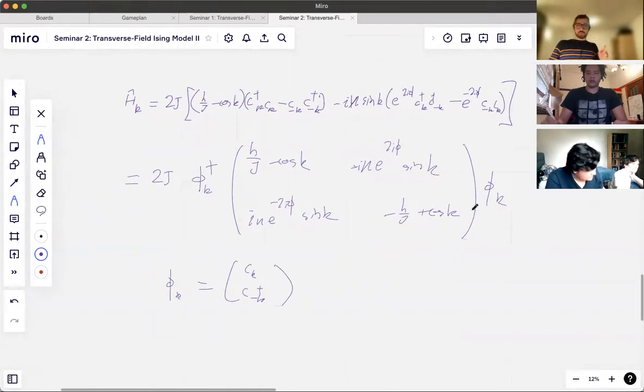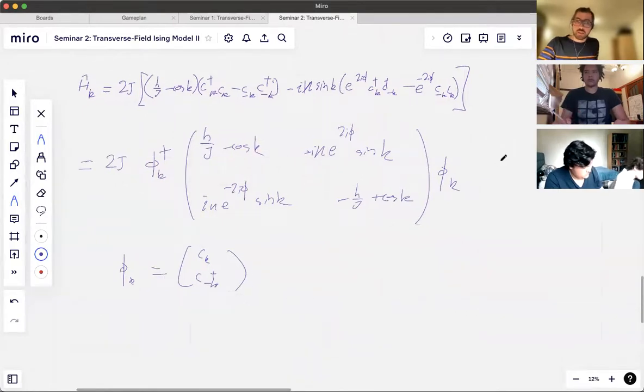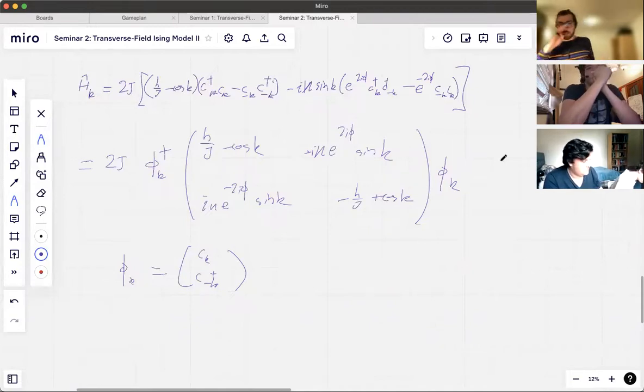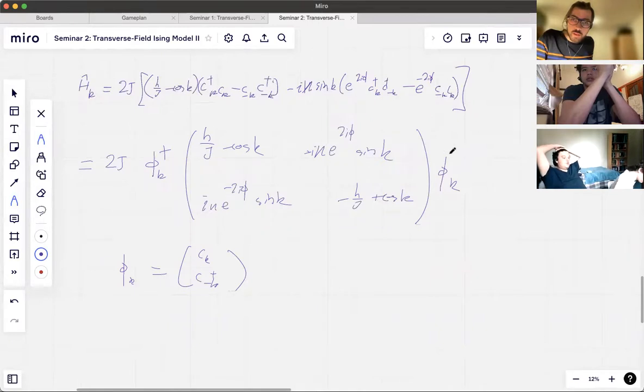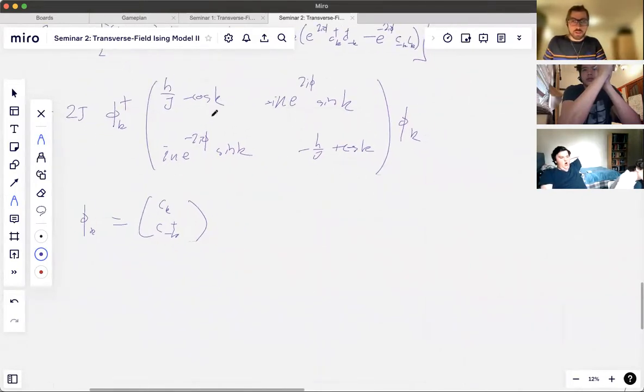So hang on. We want to find a new set of fermions that makes H_k diagonal. But they have to stay fermions. But we know that if we act some unitary matrix on phi_k, whatever you get at the end will still be a fermion. So we need to find two unitary matrices that, when sandwiching this matrix, make it diagonal. But hang on, this is a Hermitian matrix.